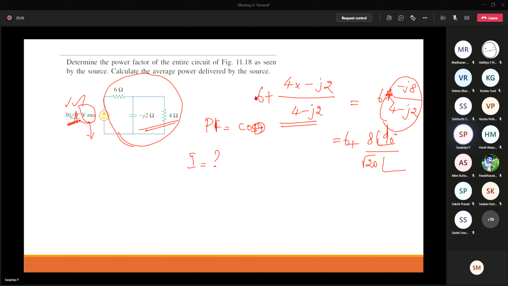The angle is tan inverse of minus 2 by 4, minus 1 by 2. Then I can simplify this. Since I have to add, I need to convert this again to rectangular form, 6 plus A plus JB form. Then I can add it. That will be my current. Better you have your current in polar form as well as rectangular form.